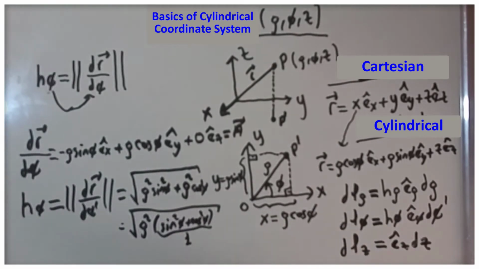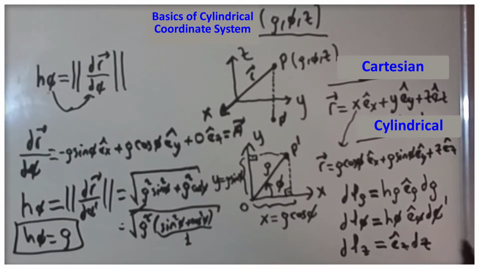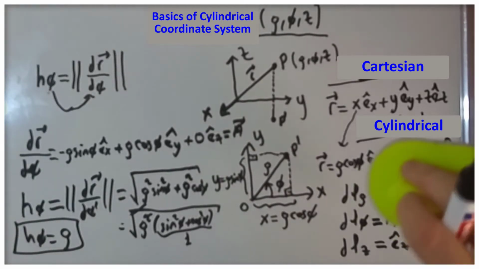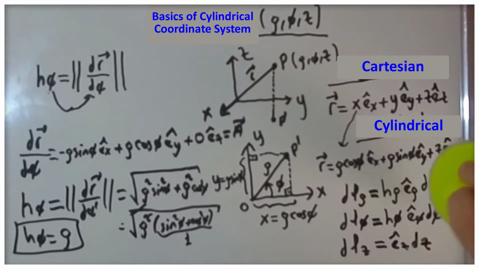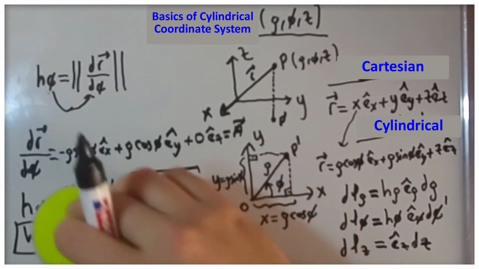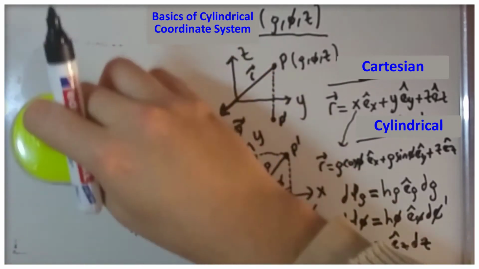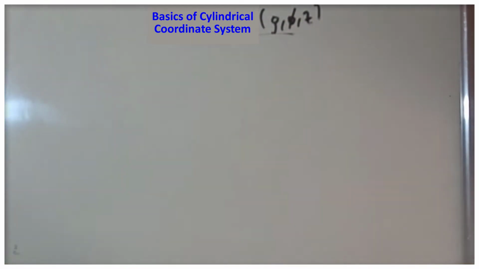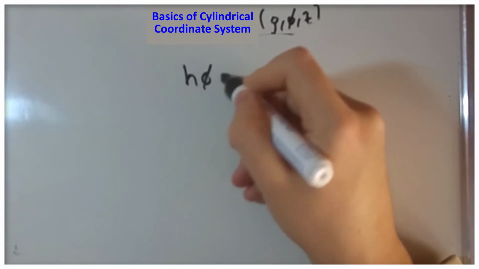What is this, friends? So h phi is the square root of rho squared, and h phi is rho. In this way, I found the metric here. When I found that h phi is equal to rho.